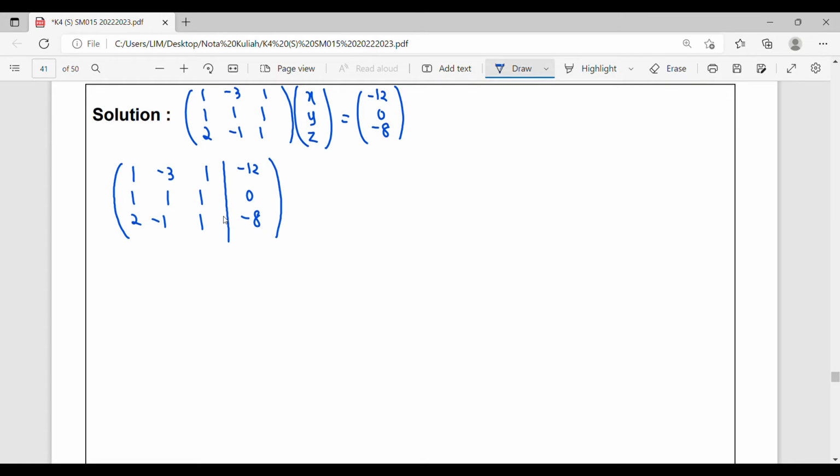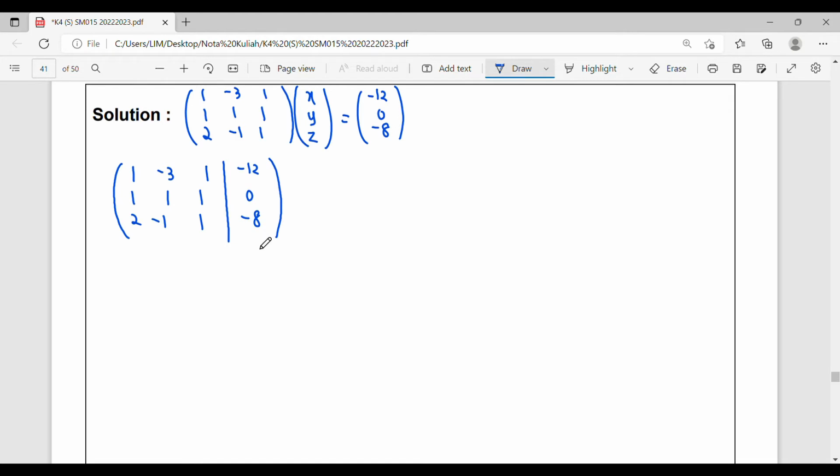So in order to find our unknowns x, y, z, we will apply our ERO on these rows so that our left hand side matrix A will change to identity. Automatically, the values that appear on this side will be our result of x, y, z.